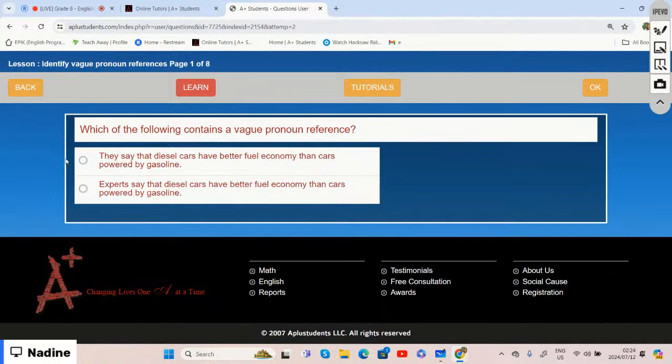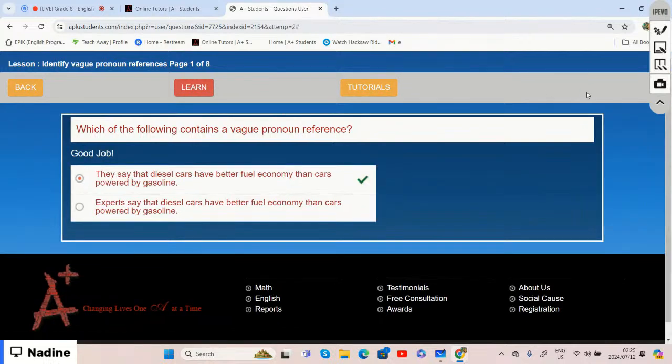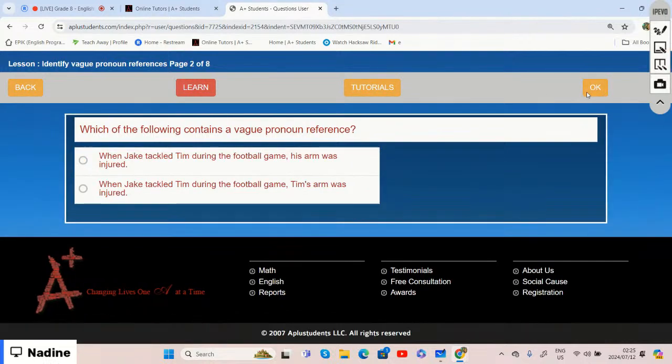If we were to choose which sentence contains the vague pronoun reference, we would say it's option one, because instead of saying "they," which is just random because it doesn't have an antecedent, we could have said "experts," but we said "they." And that does not have an antecedent.